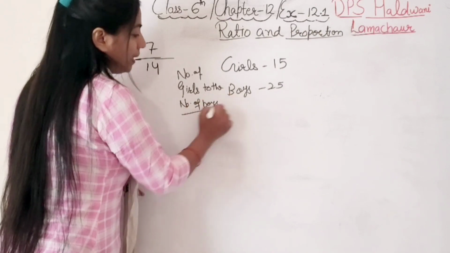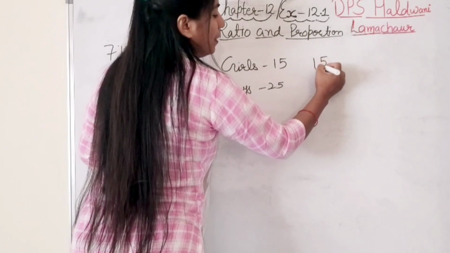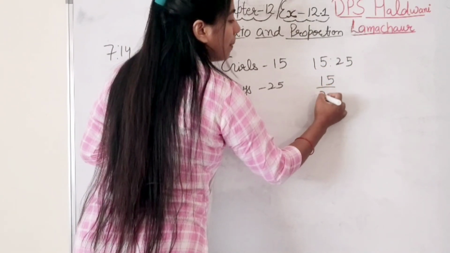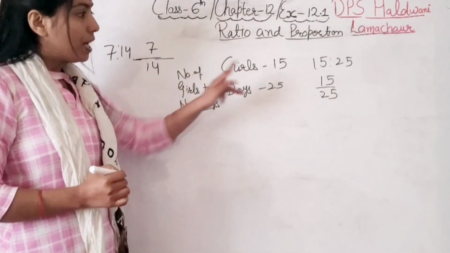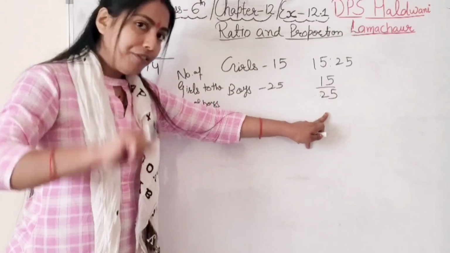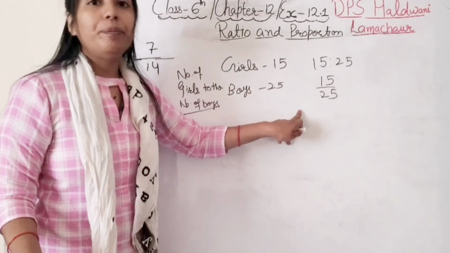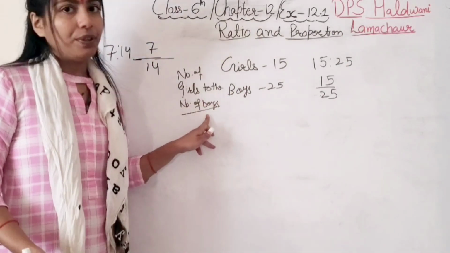After 'to', that term will come in the denominator. So the ratio will be 15 ratio 25, or 15 divided by 25. Why? Because it is given the number of girls to the number of boys. If it asks the number of boys to the number of girls, it will be the reciprocal. So read the condition carefully.